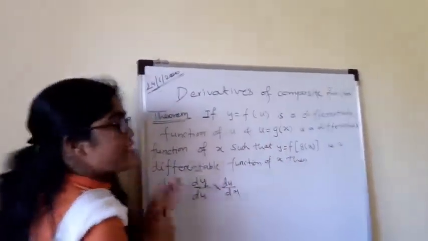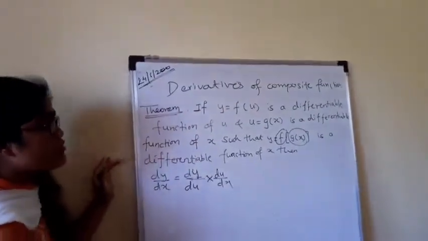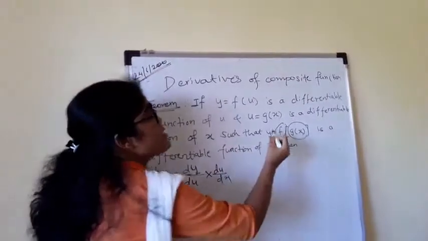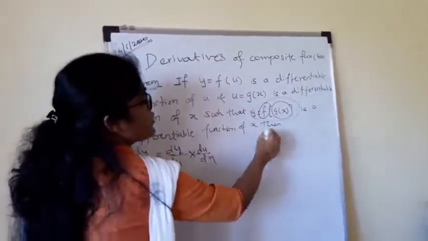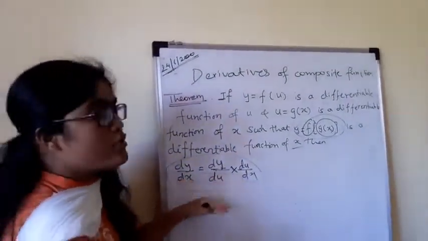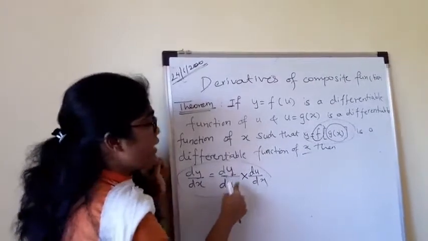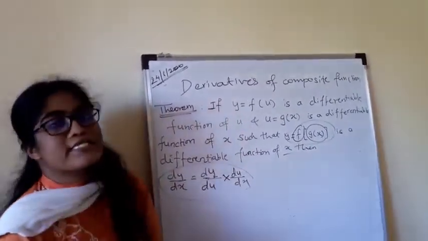So f is one function and g of x is another function. So function of function, this is a form of composite function. Then we have to prove that dy by dx is equal to dy by du into du by dx. We will prove this in the next session.